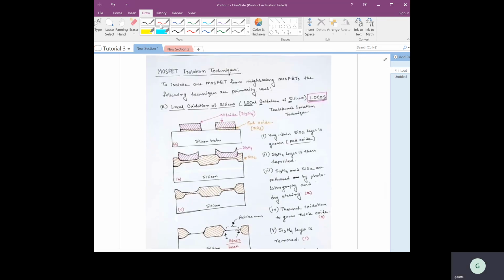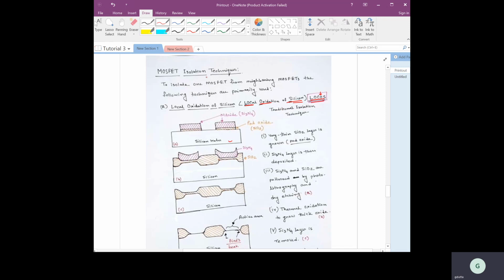Now, let us briefly discuss the different MOSFET isolation techniques. While discussing the MOSFET fabrication steps, we have already come across LOCOS. This is one of the isolation techniques. LOCOS, as I have already told you, stands for local oxidation of silicon.